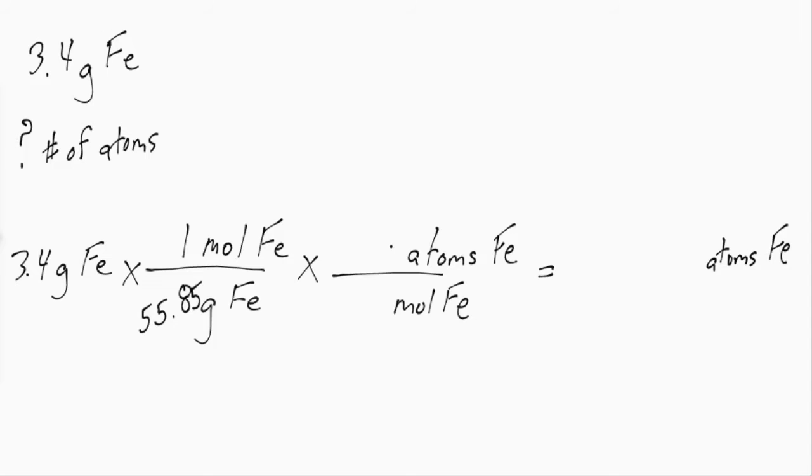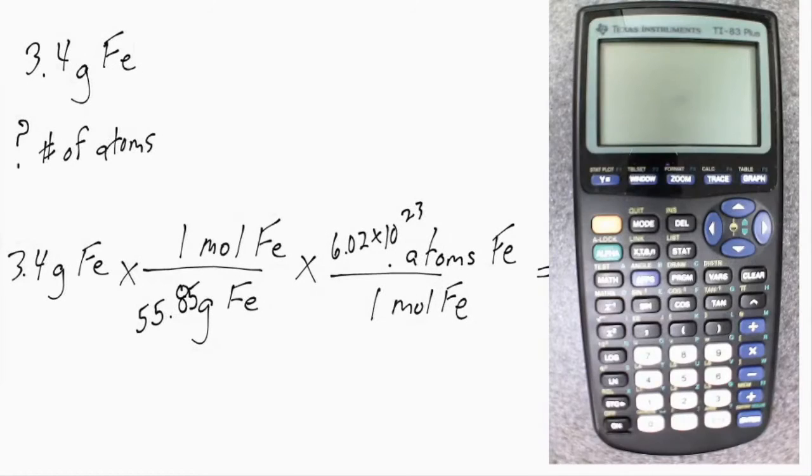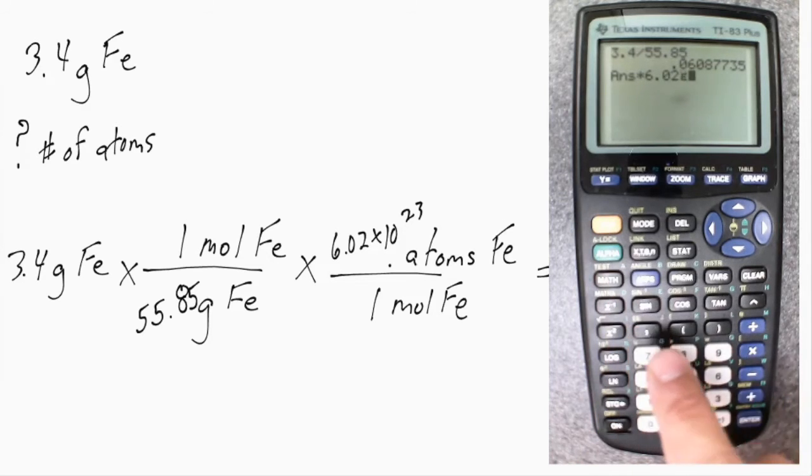And we know Avogadro's number, so this one's easy. So 1 mole of iron is 6.02 times 10 to the 23 atoms of iron. Get your calculator out and plug in the numbers carefully. 3.4 divided by 55.85, enter, times 6.02, second function double E, 23, enter.